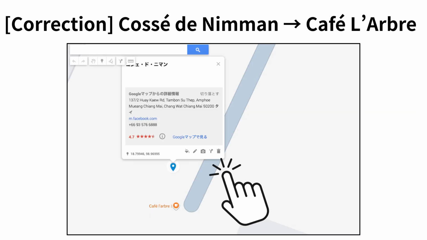This time, let's add Café Larb. Actually, Cafés de Niman is a hotel, and the cafe located inside it is Café Larb. When the pin appears on the map, click the Add to Map icon below.